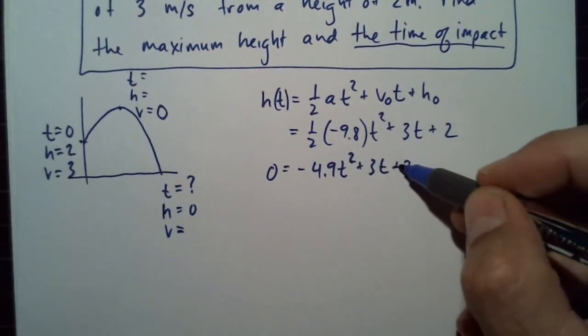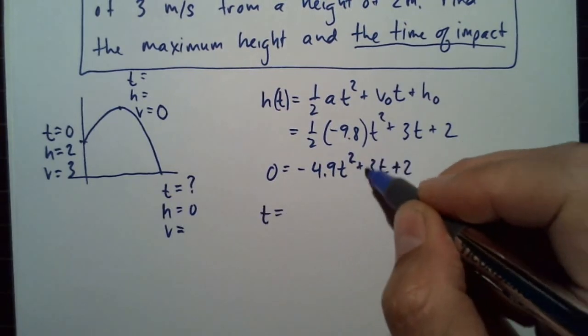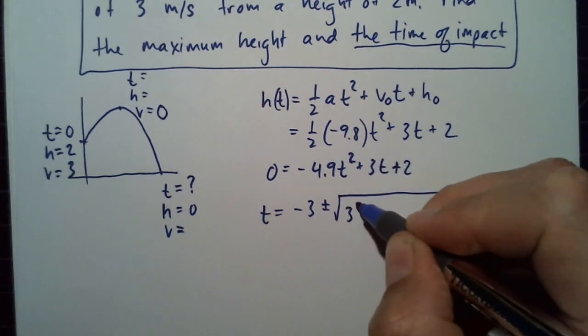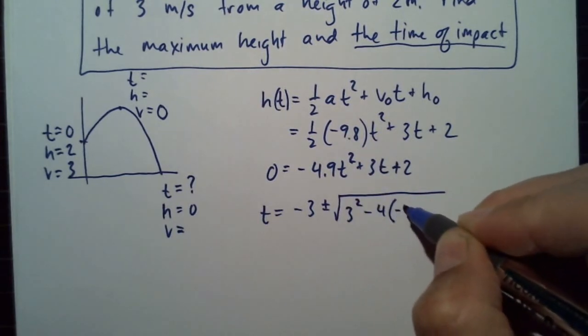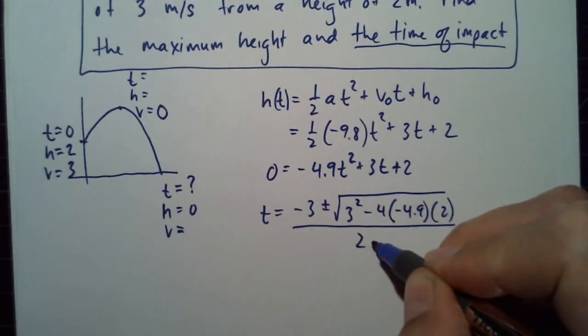So here we can't factor, we'll use the quadratic formula and we'll say t is negative 3 plus or minus square root 3 squared minus 4ac over 2a.